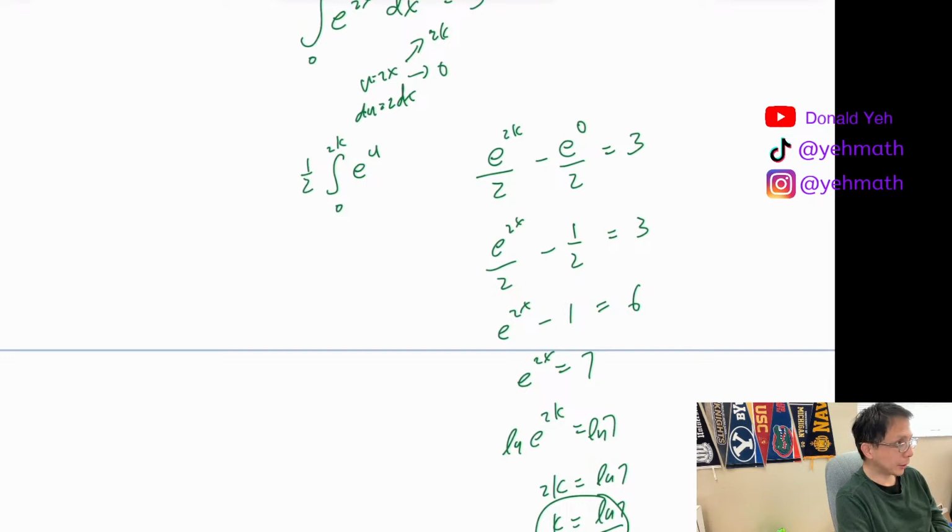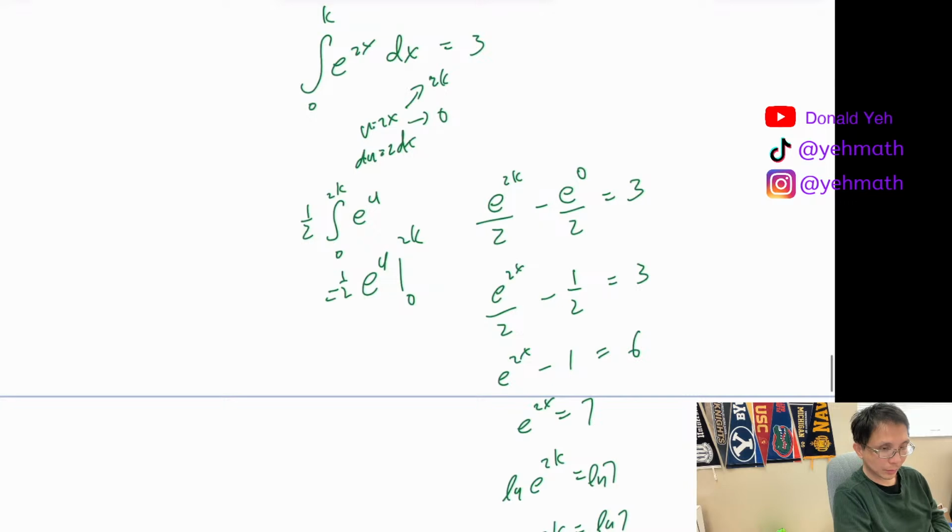Yeah, integration of e to the u is e to the u, between 2k and 0. That was my question. Why was it not like 4k or something? How come it's not 4k? You plug in k to the x, so it's 2k.